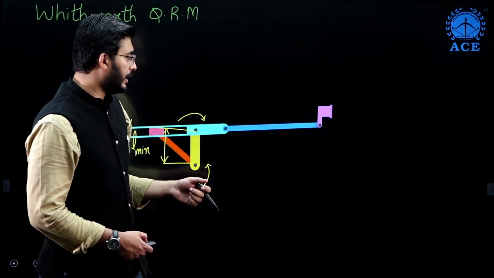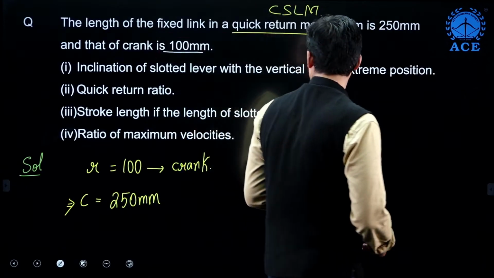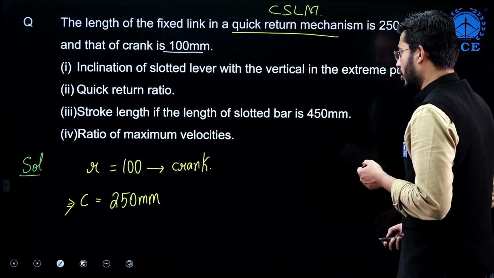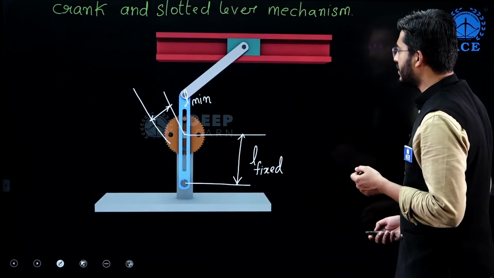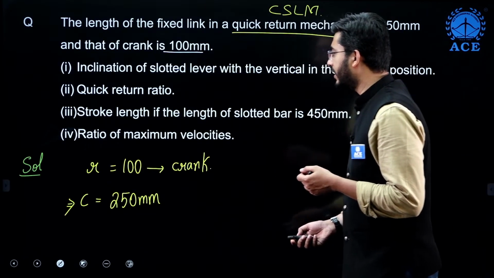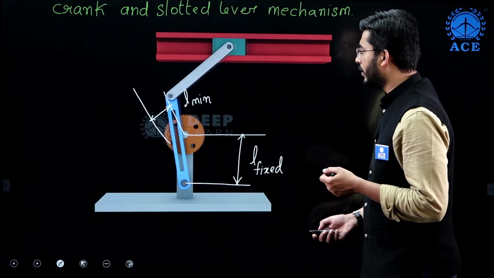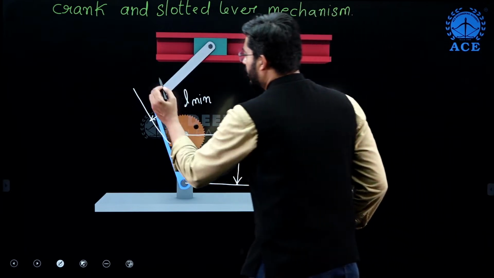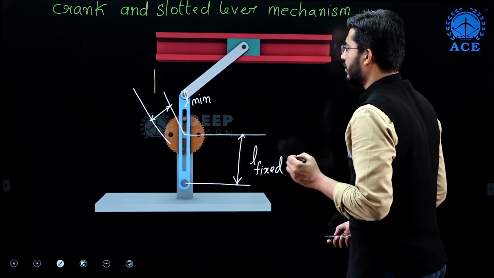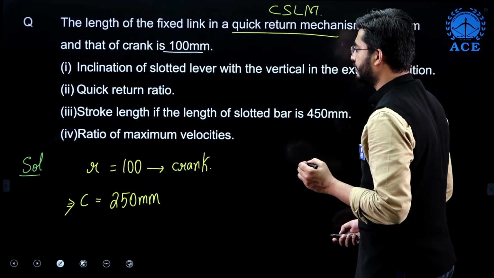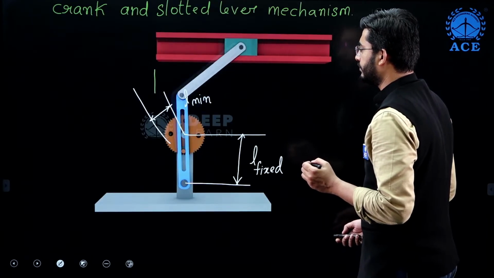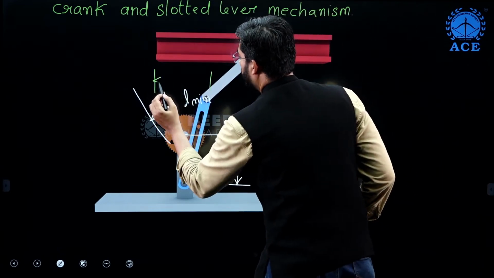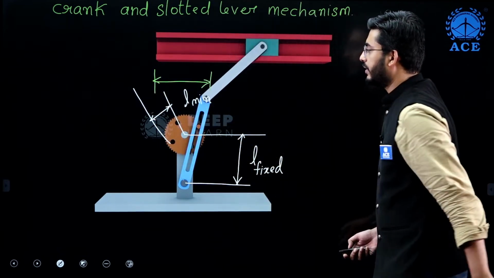Okay, and next in the question they are asking to get the stroke length. So stroke length is actually the distance moved by the cutting tool. From this position to this position is going to tell you about the stroke length.